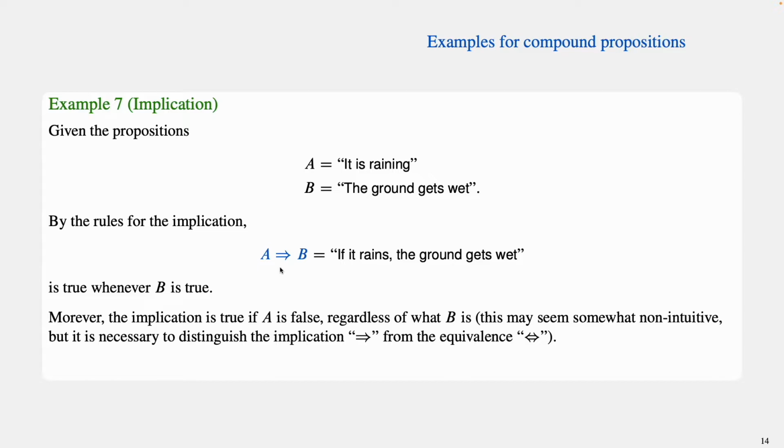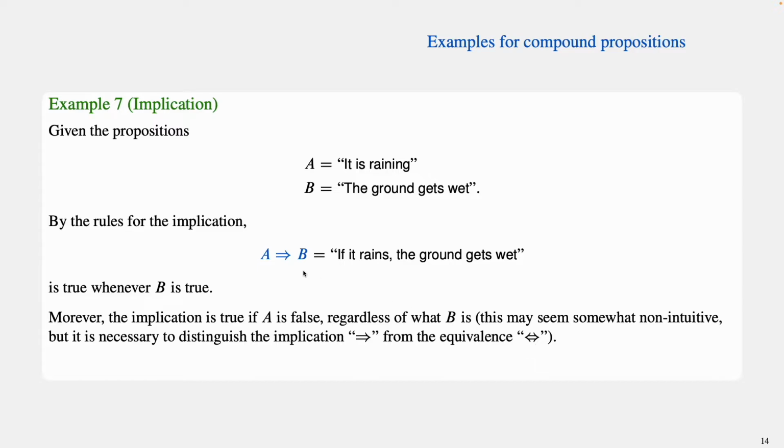And yes, this may seem a bit at odds with our intuition, but firstly, from a purely formal point of view, it is necessary to have this in order to distinguish the implication from the equivalence.